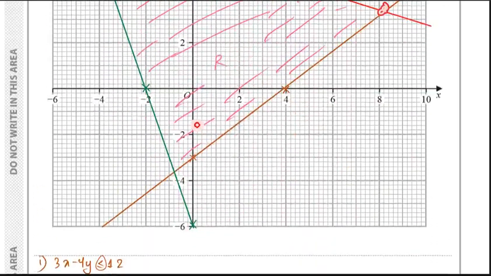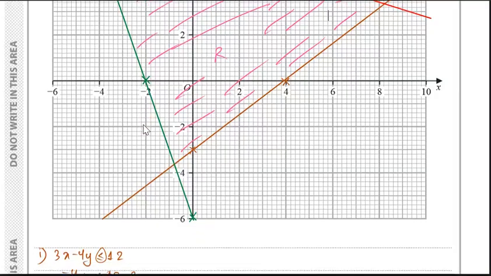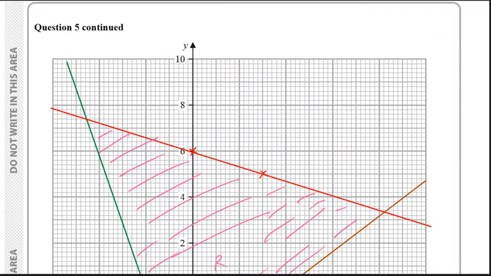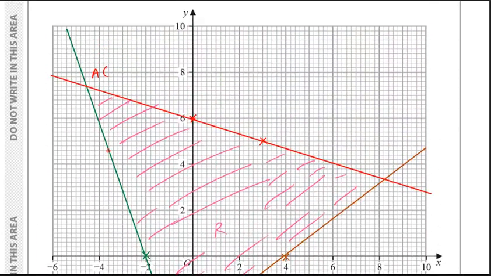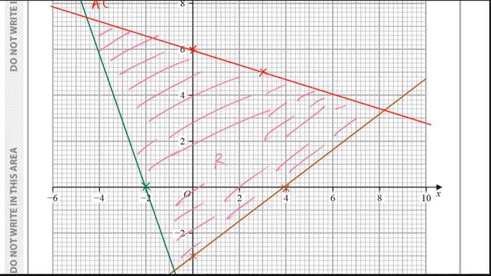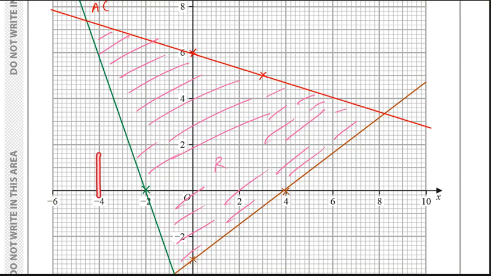So there are 3 intersection points. You need to identify them at first. Let's label this A. So A here is, if you look at it, this is 4, and the next line is 4.2, the next line is 4.4.